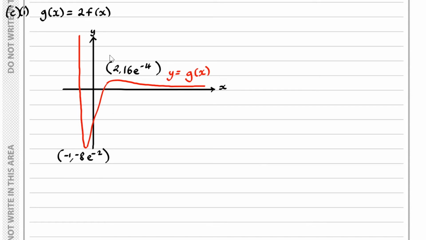So having drawn the graph, we multiply the stationary points, that is the y coordinates of the stationary points, by 2, and therefore we see over here that the range of g of x, that would be, in interval notation, minus 8e to the minus 2, sorry, minus 8e to the 2, this should be 2, infinity. Okay.